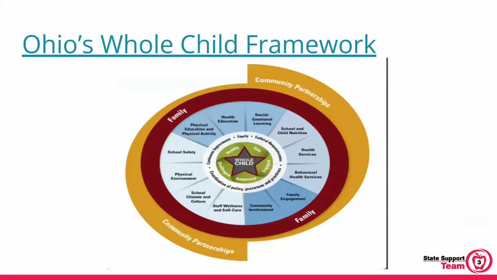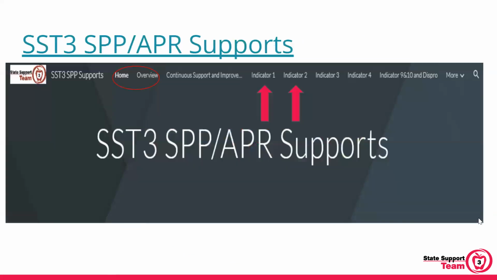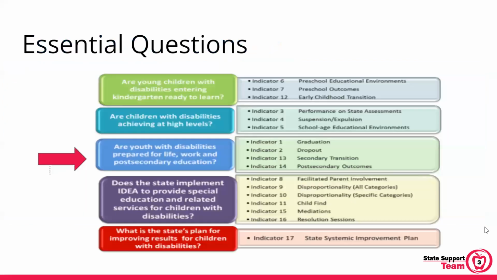Also, the Ohio Whole Child Framework is another resource that you can access that has some very good materials in there that can help you as you go through looking at your indicators and coming up with improvement plans, which we will again talk about in a couple minutes. Again, our website is linked here. Use it. It's a great resource. So hopefully you'll take advantage of that.